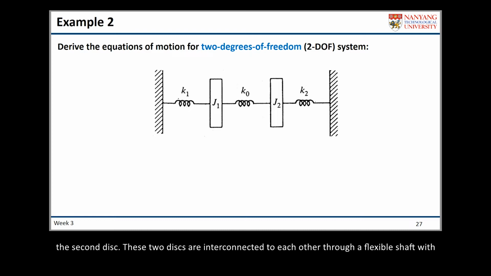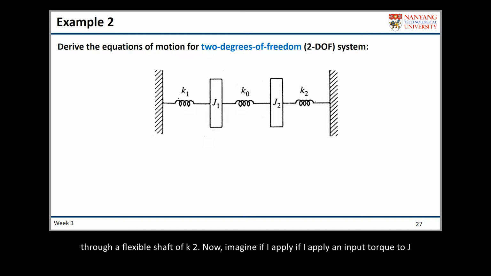These two disks are interconnected to each other through a flexible shaft with a rotational spring constant of K0. And J1 is supported to the ground by another flexible shaft with a spring constant of K1, while J2 is supported to the ground through a flexible shaft of K2.